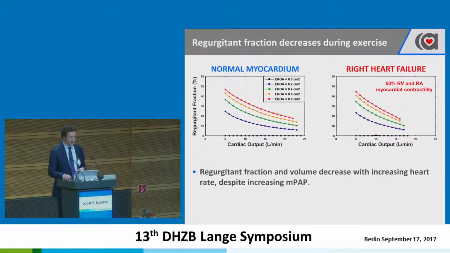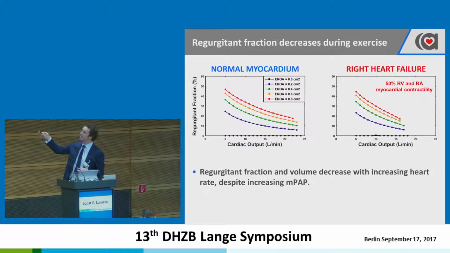And then I realized when I plotted pulmonary regurgitant fraction here, that actually with exercise, there is less and less time for regurgitation to occur. At very high heart rates, very short cycle times, the diastolic time that is left is very short. So there is little time for the regurgitation to actually develop. And that's what you see here.